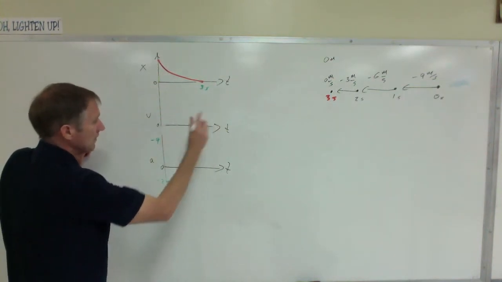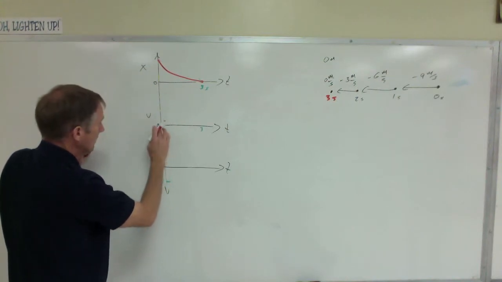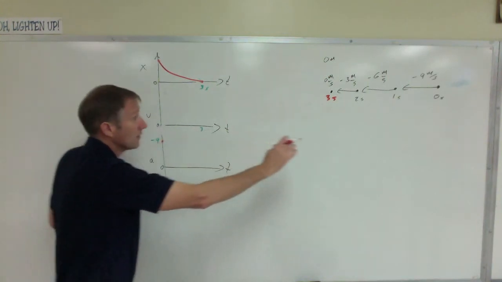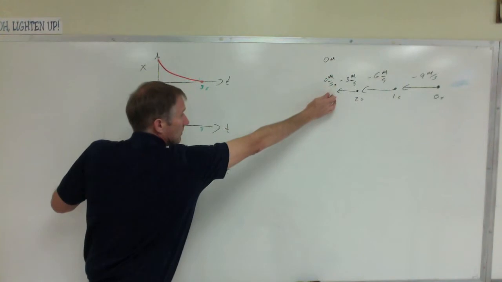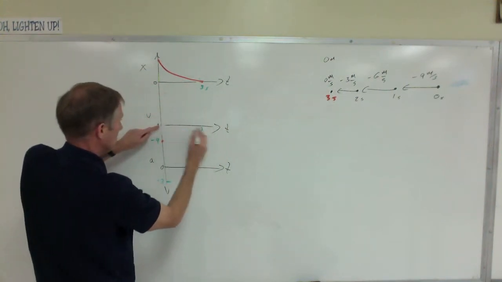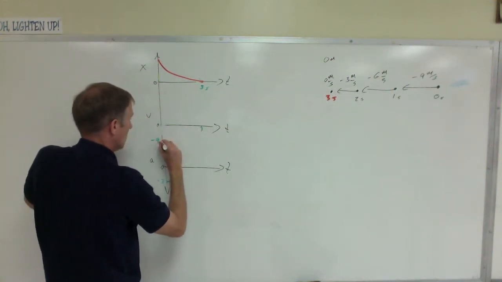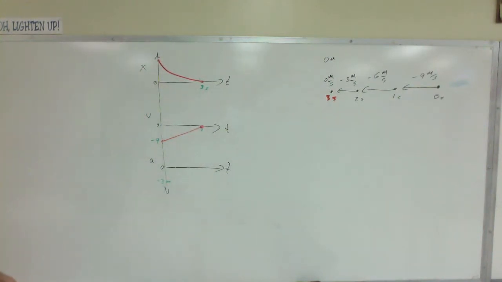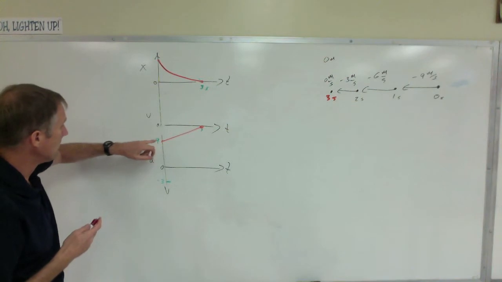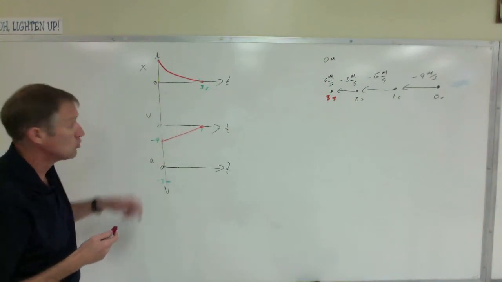At 0 seconds, it's traveling at negative 9 meters per second. Right here. By the time you get to 3 seconds, it's stopped. Stopped is right here. There's that graph. And the slope of this, how do you go from negative 9 to 0 in 3 seconds? You add 9.